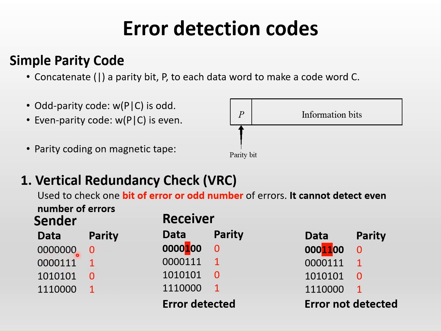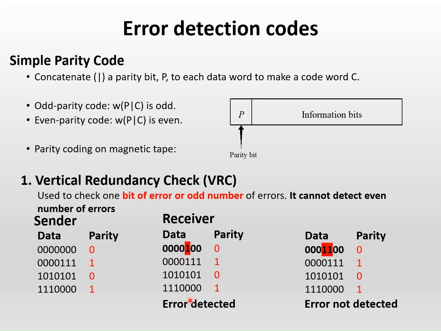So here you can see 7 bits of data, and 0 parity is getting added to the first data. Then second one is added, and like this. Okay, so sender is creating this code word, and now when the receiver is receiving, suppose here in the first code word, one bit has changed to 1.